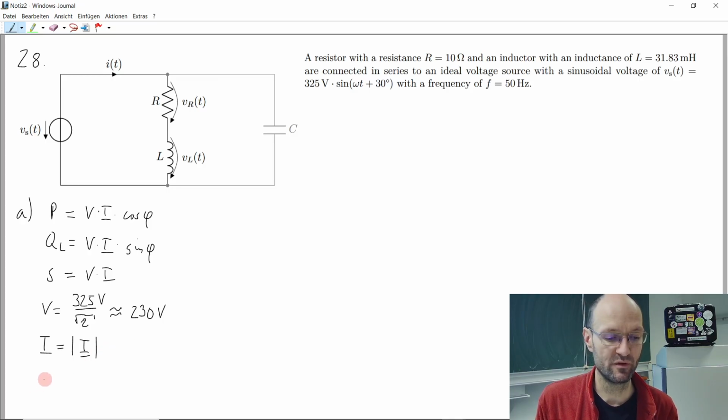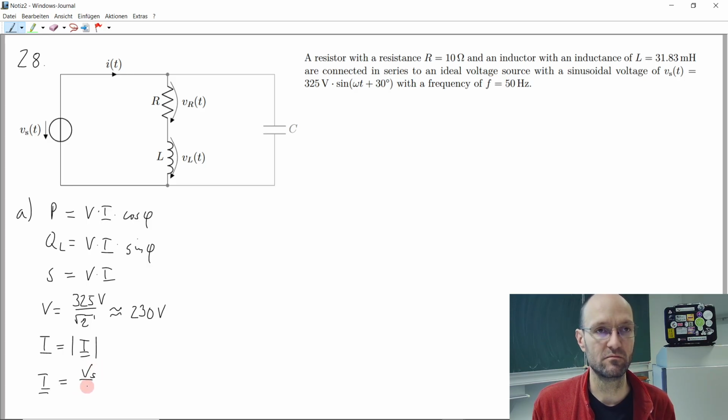And the complex current phasor we can get from the complex voltage phasor of our source voltage, and then divided by, it includes R, yeah, the Z, the impedance.